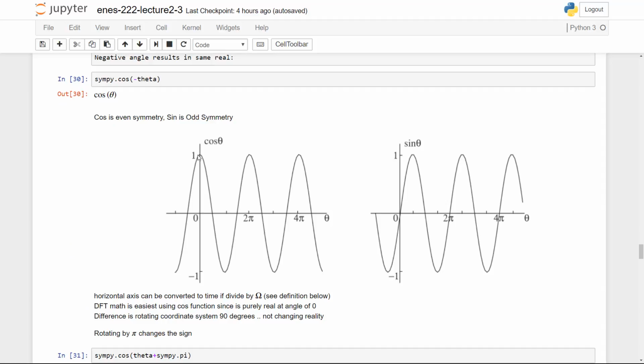Cosine is even symmetry. This means that at angle 0, its entire amplitude lies in the real world. Sine puts the entire amplitude in the imaginary world, which means in the real world it's 0. So it's a little bit more complicated, and we tend to focus on cosine in this course.